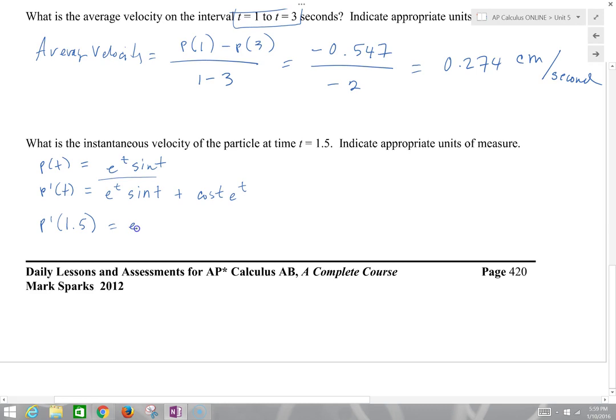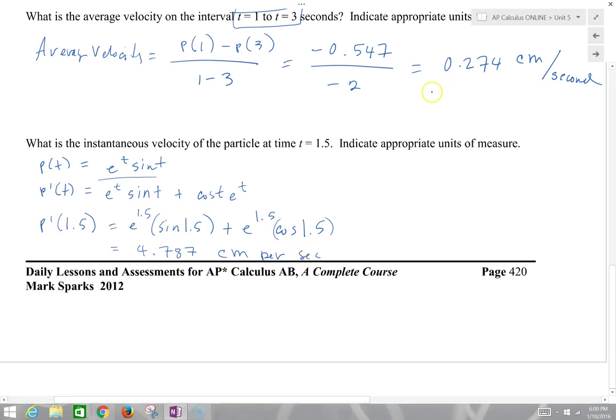So this is going to be e to the 1.5 times sine of 1.5 plus e to the 1.5 cosine of 1.5, and you get your calculator out and you get that p prime of 1.5 is equal to 4.787, and again we are still in centimeters per second.